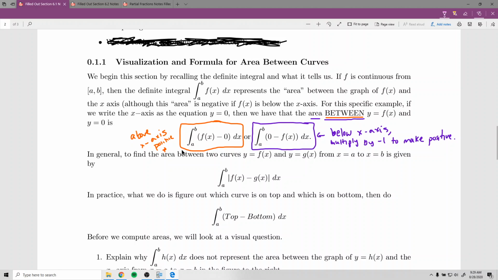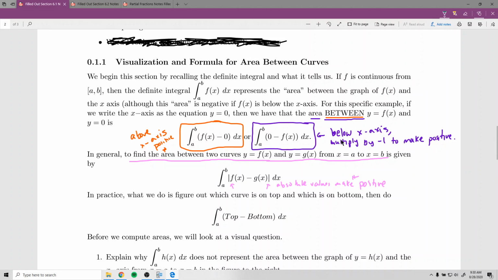If we want to find the area between two curves, y equals f of x and y equals g of x, from x equals a to b, we integrate from a to b, the absolute value of f of x minus g of x, but the absolute values make it so it's positive. Because we want area to be positive.